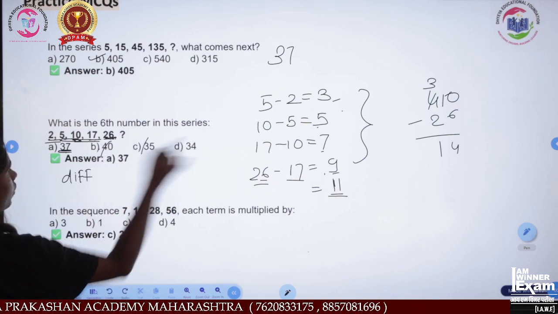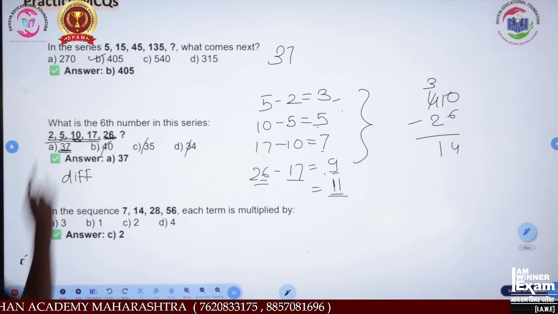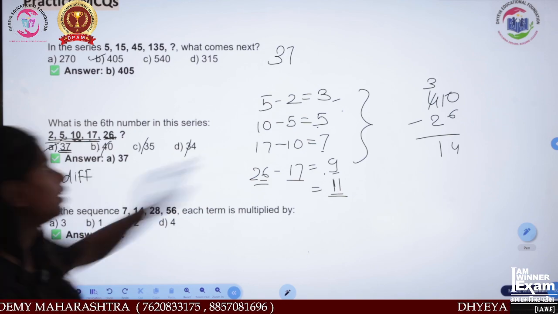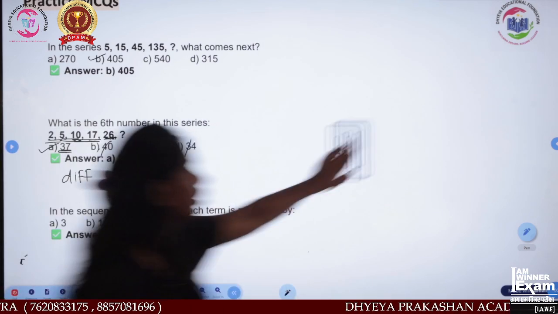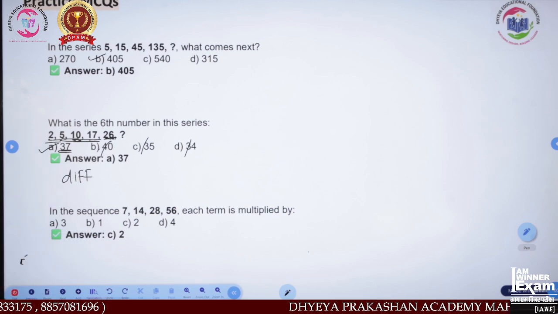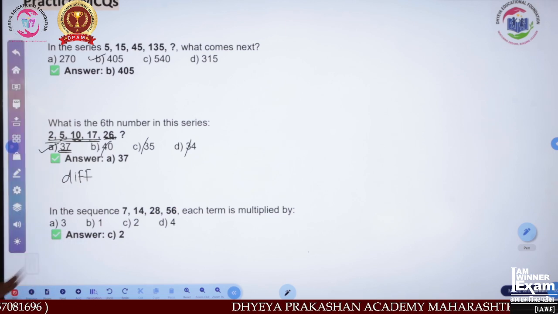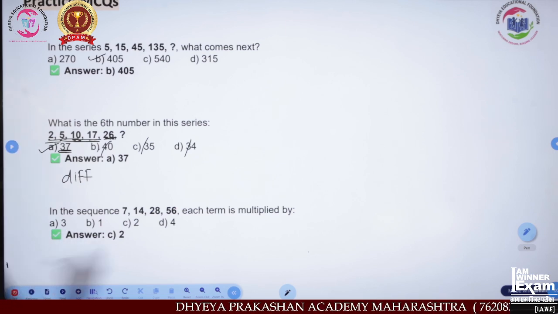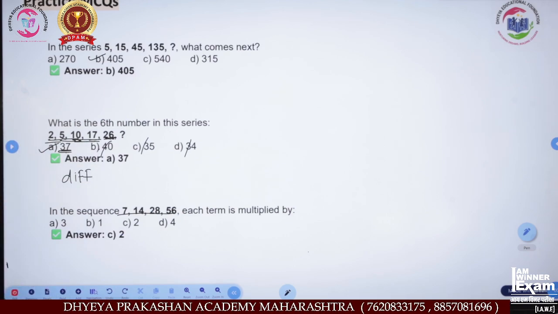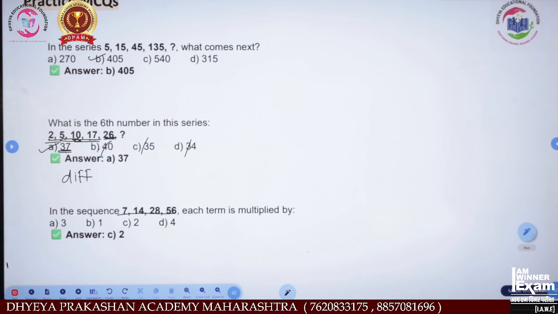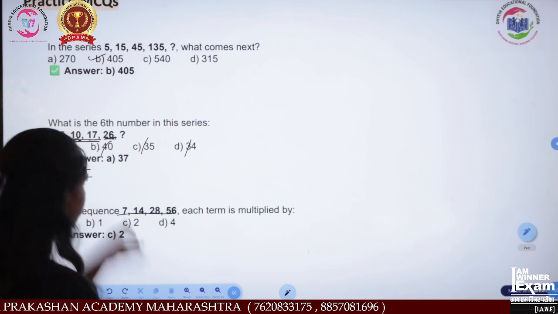So the correct option will be option A, that is 37. Then, in the sequence 7, 14, 28, 56, each term is multiplied by which number?